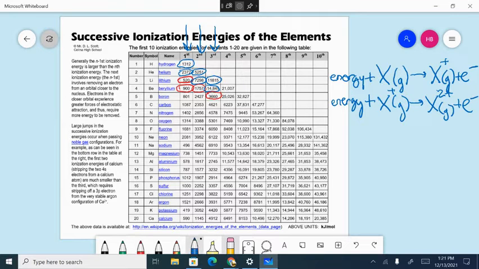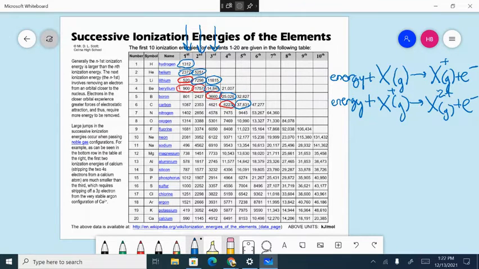And what you're looking for is this huge jump. The ones I circled in red are valence electrons. The ones I circled in blue are core electrons. For carbon, notice the first four come up with just a little bit of an increase in energy, but it's that fifth one with a huge jump, like such.